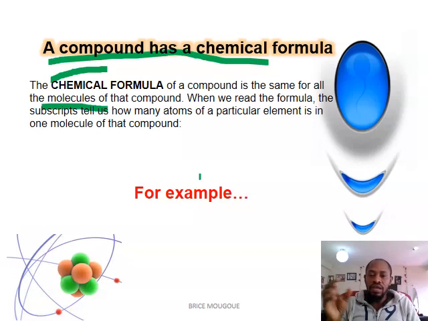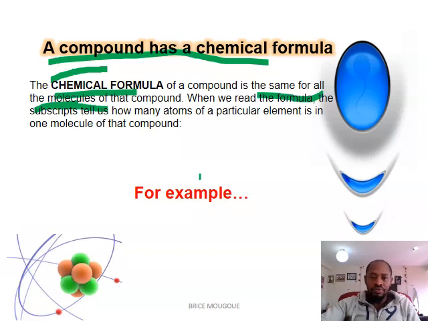Hence, if we isolate a molecule, the chemical formula of that compound should be the same for any molecule of that compound. Okay, for example, H2O is the formula for a molecule of water, but that formula is the same formula for the compound called water.